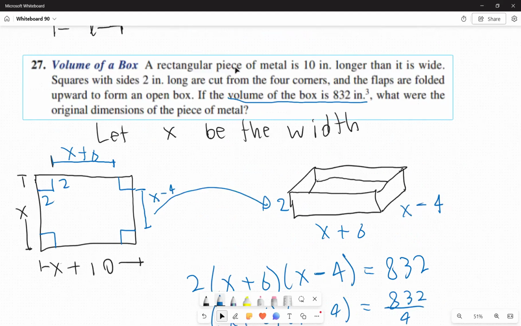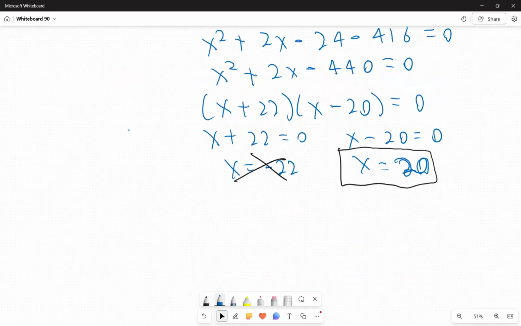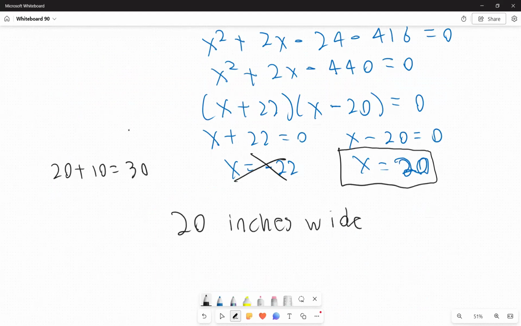It says that the rectangular piece of metal is 10 inches longer than it is wide. So of course, 20 plus 10 is 30. So the original dimensions were 20 inches wide and 30 inches long.